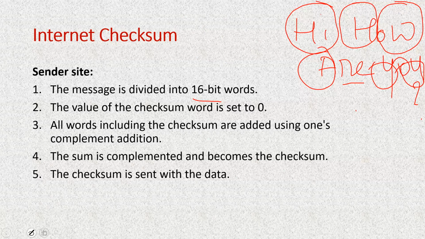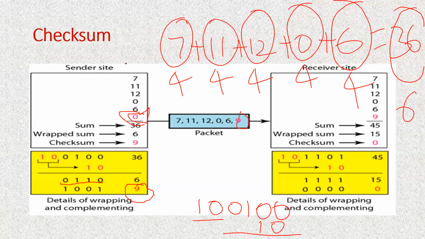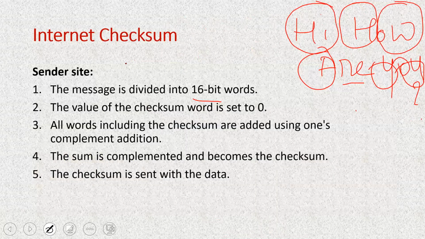Next, all the words including the checksum are added using ones complement addition. Like this only, you have to add everything using ones complement addition. What is this ones complement addition? If you get extra bits, you need to perform wrapped sum and take the ones complement.